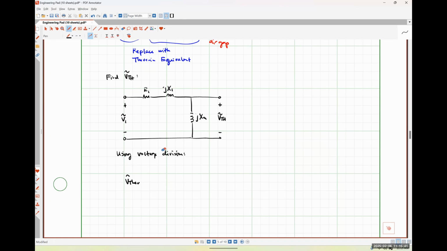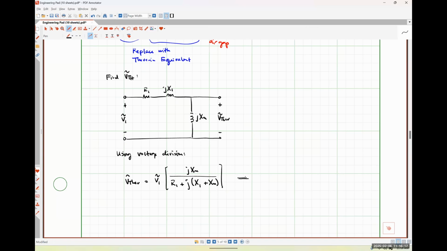Actually, I just called it V. Let me call it VThev up here as well, just so that I'm consistent. My apologies. It is simply going to be V1 multiplied by JXM, that's the element I'm finding the voltage drop over, over R1 plus J times X1 plus XM added together.